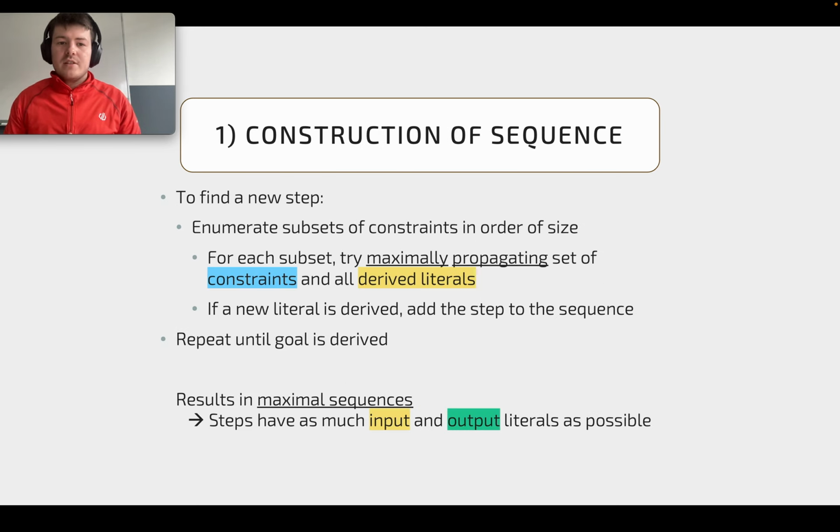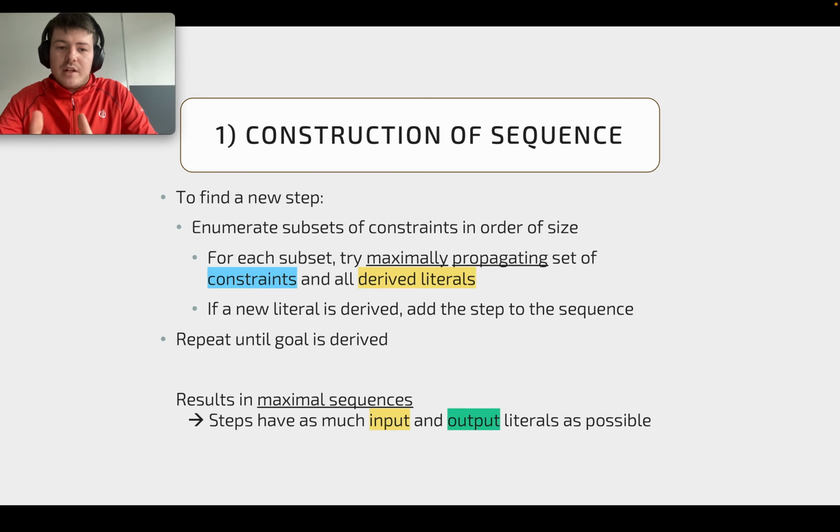So first phase, construction of a sequence. To find a new step, we enumerate subsets of constraints in order of size. We start with size 1, then size 2, etc. For each subset, we try to maximally propagate all of the constraints in that subset in combination with all of the literals that previous steps have already derived.